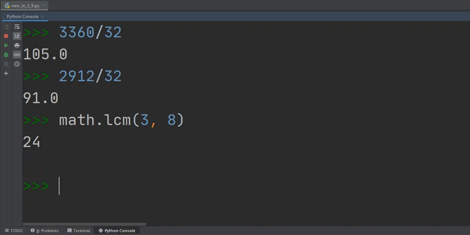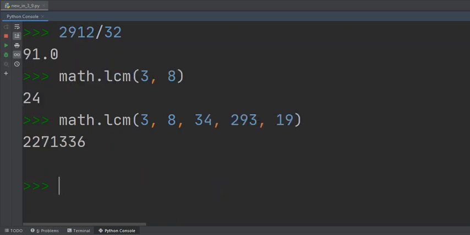Just like with the new GCD, with LCM, you can add in as many integers as you like, so math.lcm of 3, 8, 34, 293, 19, whatever you want, and there you have it. That's the least common multiple between all these integers. And so those are 2 really mathy, arithmetic-y updates to the math module.